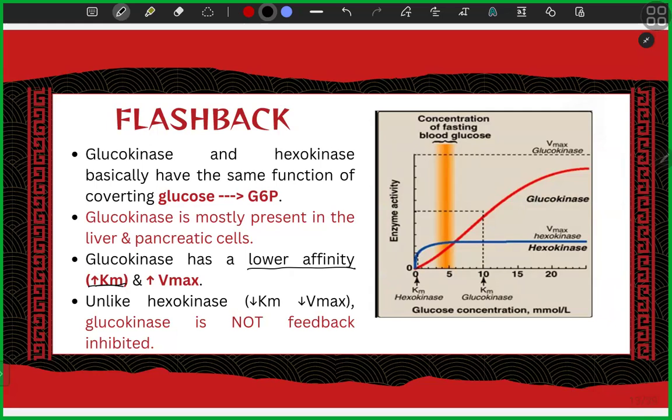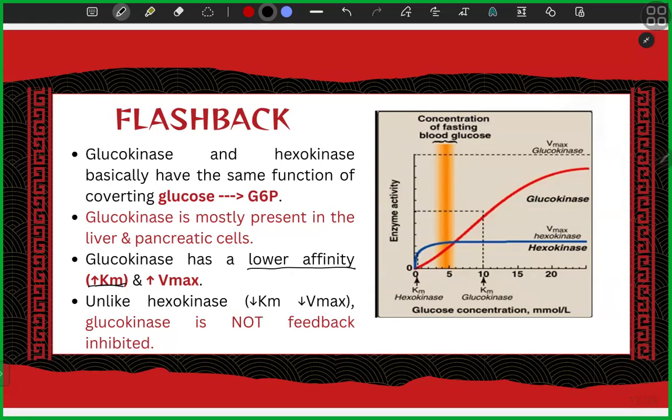So when the muscle has enough energy, it's going to stop the hexokinase from functioning. Because why? Because it has enough energy already, right? It does not need more energy. It's going to unnecessarily deplete its sources if it just keeps making more energy. So then it's going to stop the hexokinase, and that's feedback inhibited.